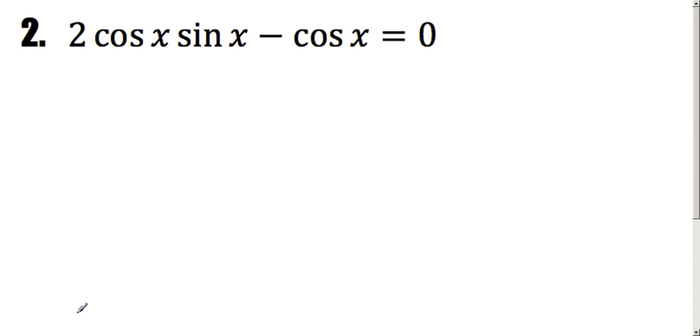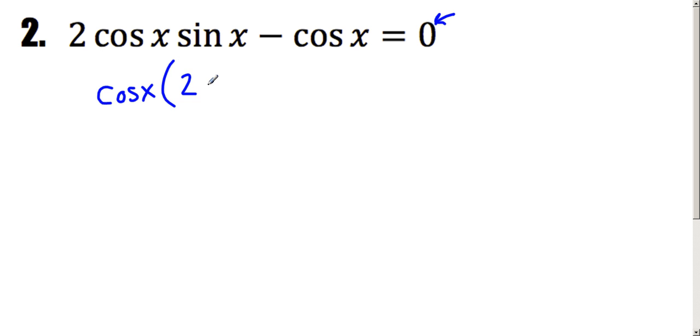Okay, let's look at our second example. Okay, 2 cosine of x sine of x minus cosine of x equals 0. Okay, so now we've already got this 0 on the right side of the equation, so I don't want to mess with that. Let's look at the left side. Notice both of these terms have a cosine factor, so I want to go ahead and factor out that cosine of x.